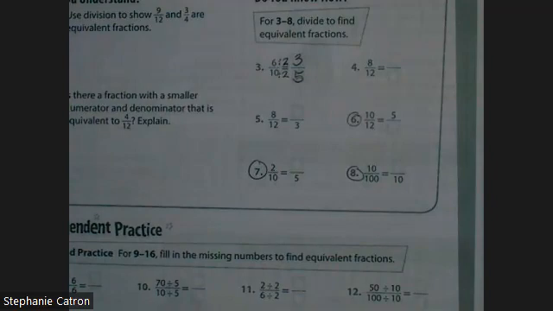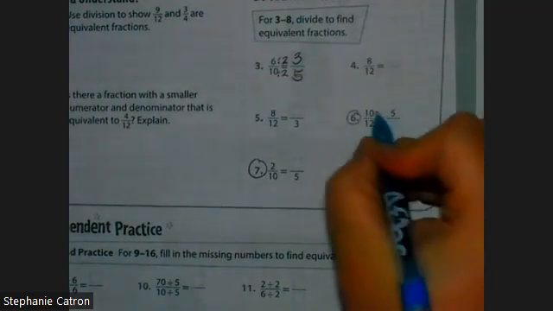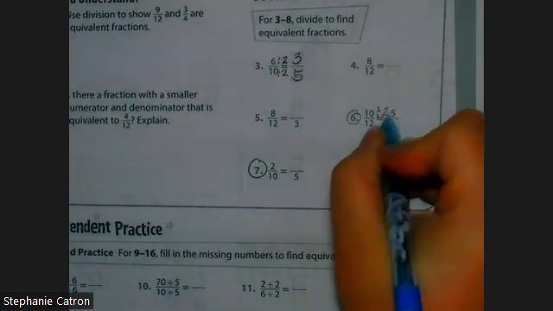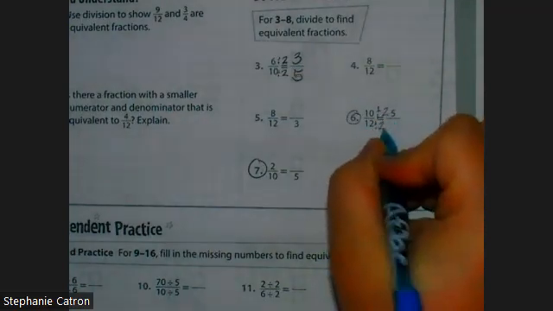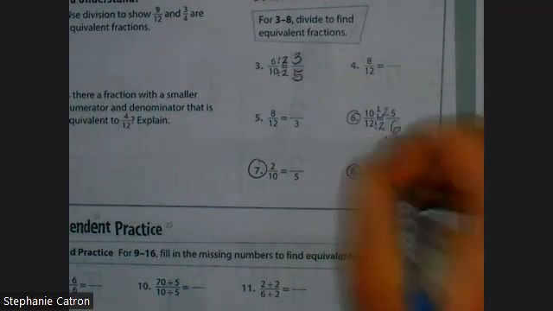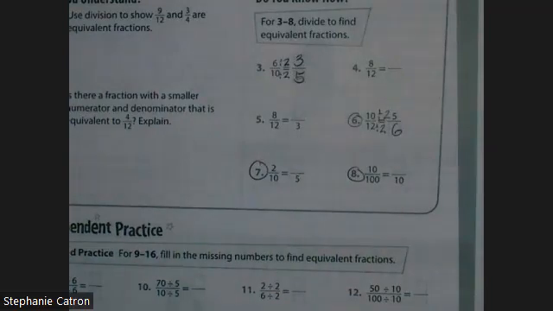How many 5s does it take to make 10? Oh my gosh, you're so smart. It's 2. So I'm going to tell my paper, divide it by 2. So as above, so below. What happens to one, the other must show. 12 divided by 2 is 6. You are so smart. You've got this.